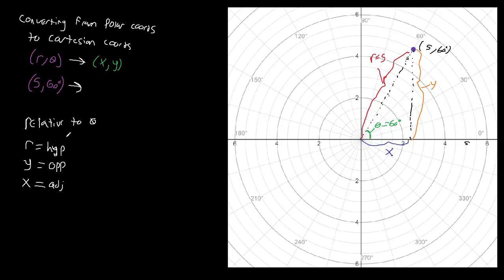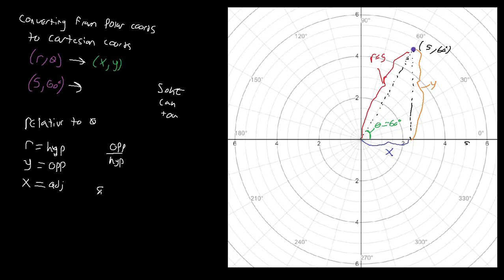So, again, relative to theta, we know that to get y, we would use opposite, which is what we want to find, over, we're given the hypotenuse. So if you think back to SOH CAH TOA, SOH is opposite over hypotenuse.